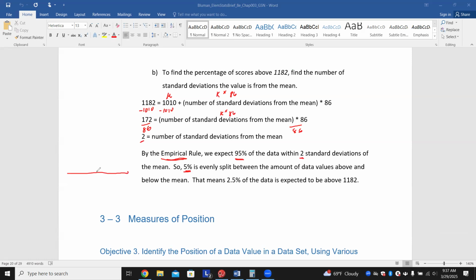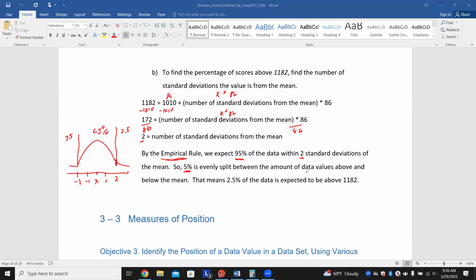Here's my version of it. If this is 2 standard deviations away, we'll say mean, so this is 1, -1, -2. This data right here is 95%. That means 2.5% are on both sides to make a perfect 100.